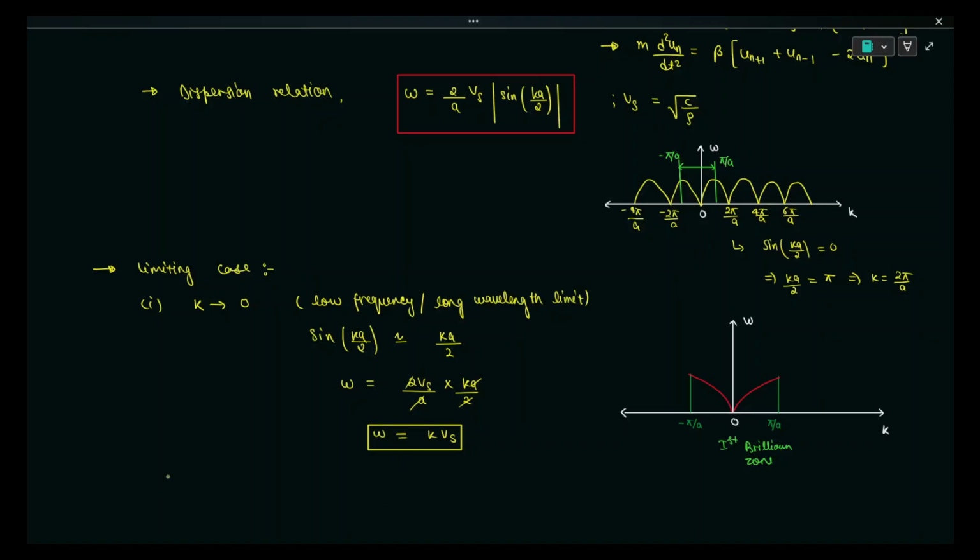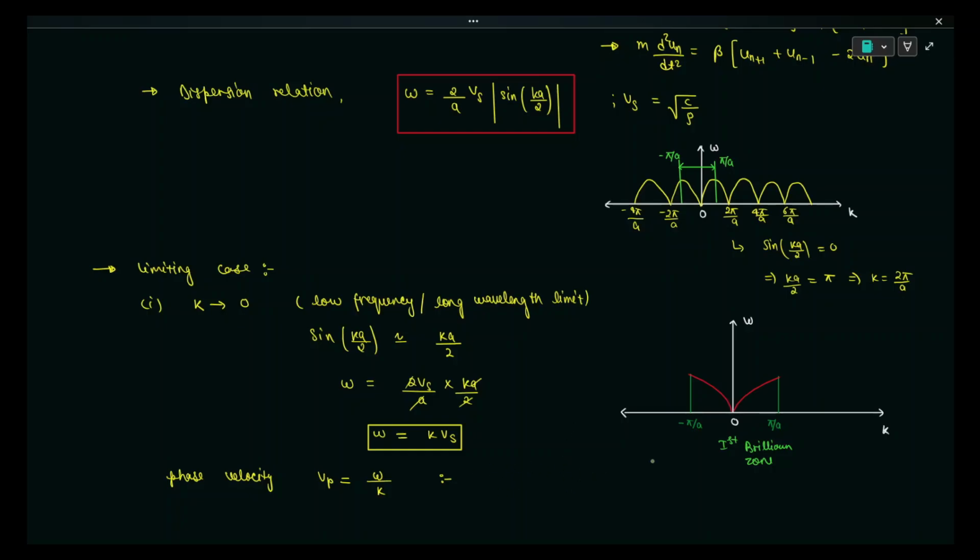Now we define the phase velocity, V phase, as omega divided by k, and this represents the rate of advance of a point of constant phase along the direction of wave propagation.